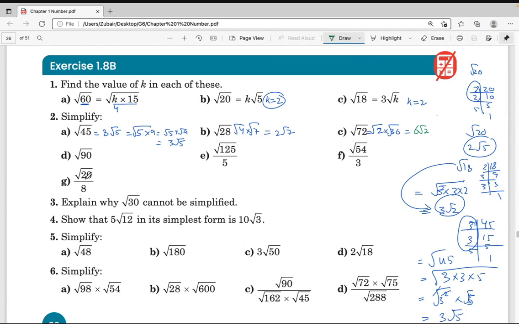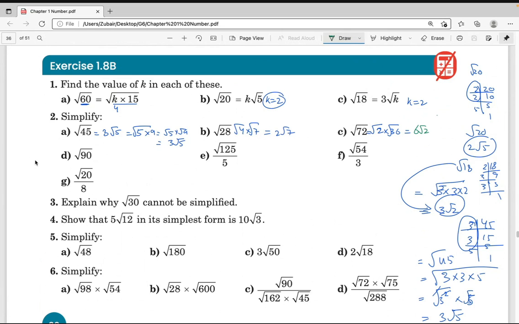Now simplify square root 90. Okay, 15, 3. It's 2 into 3, maybe. No, just wait. 3 multiply 5, 45.